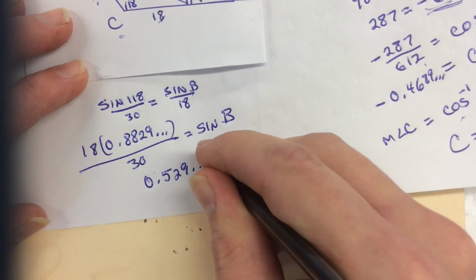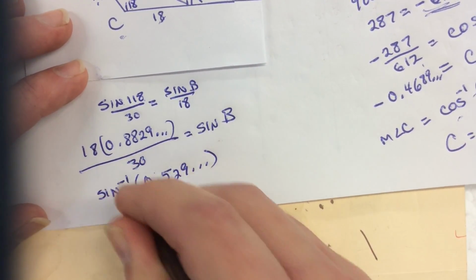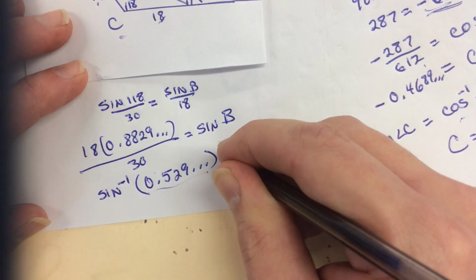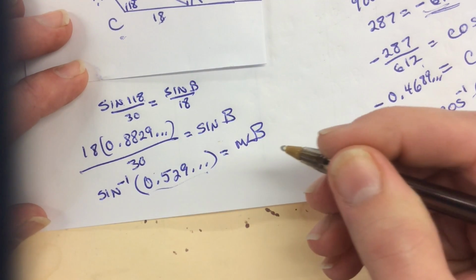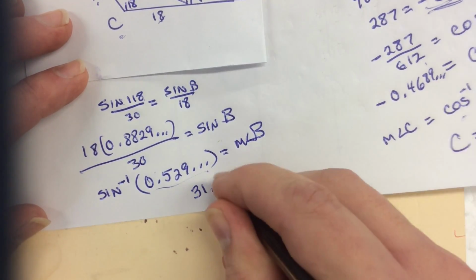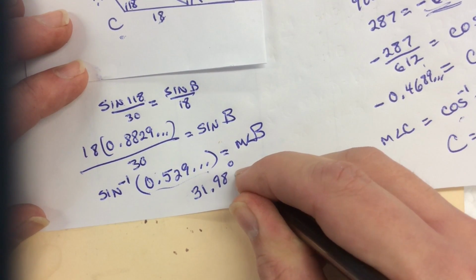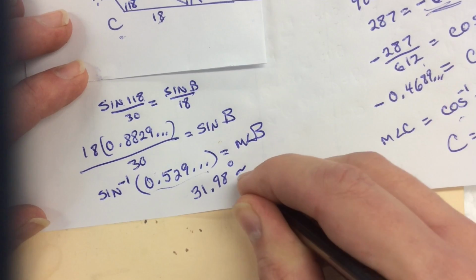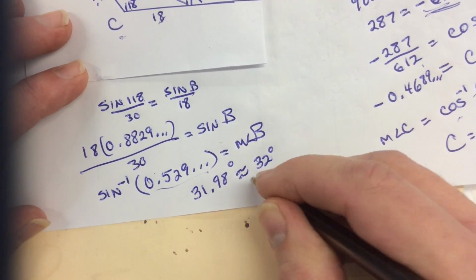And if we take the inverse sine of that number, that will give us the measure of angle B. In this case, it turns out to be 31.98 degrees, or if we're rounding it to the nearest tenth, which is what it said to do, it's going to be 32 degrees. So the measure of angle B is 32 degrees.